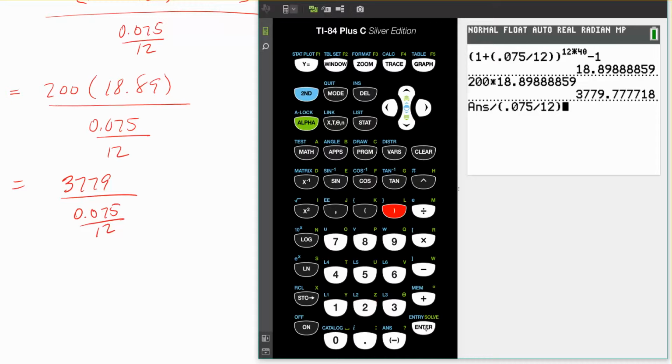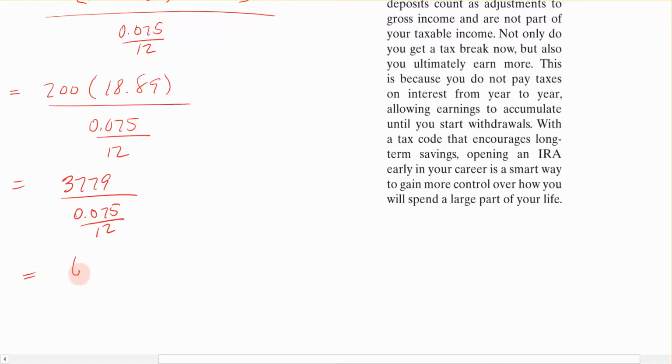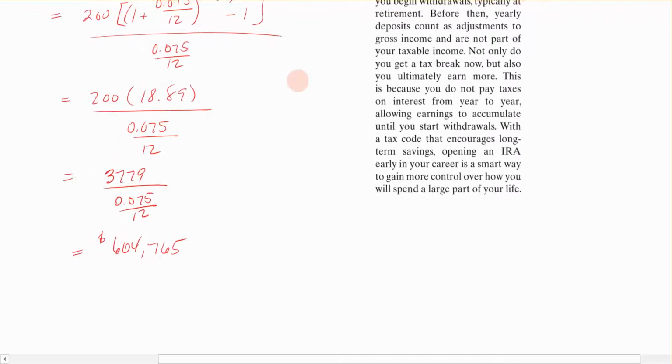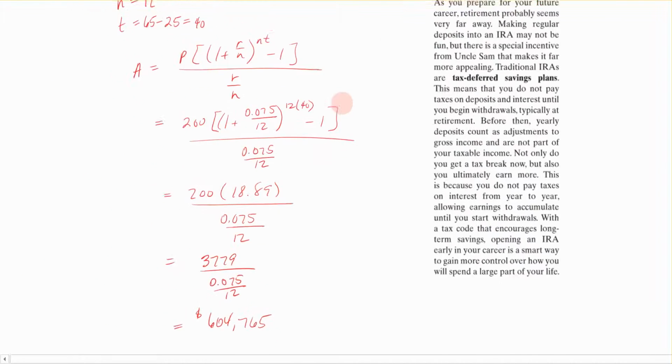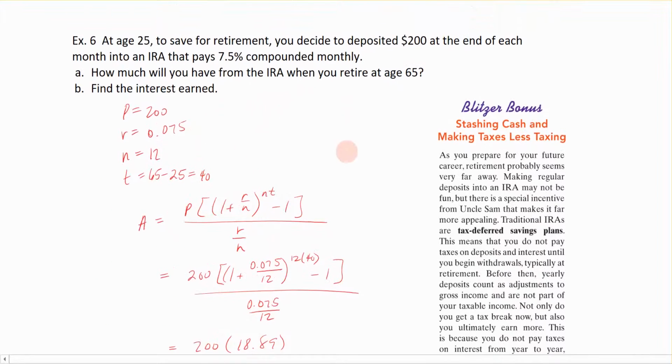Close my parentheses, hit enter, and there is the value that I am actually looking for: $604,764.43. We'll just round it up to the nearest whole number, $604,765.